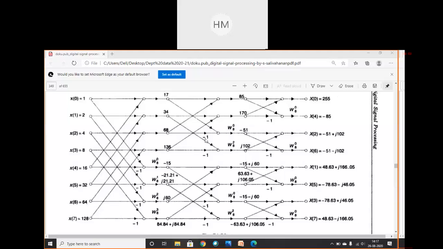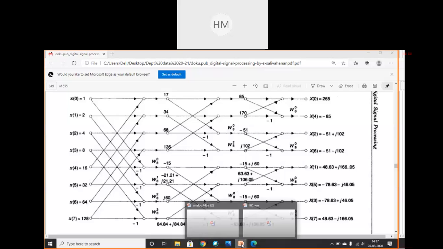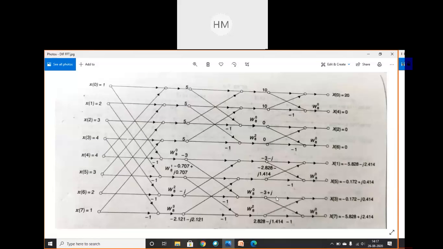Okay, write down next numerical. One more numerical. So this is your numerical which is simplified. सबका diagram ऐसा ही दिख रहा है. All the butterfly diagram for DIF FFT. In this way you have drawn your diagram.